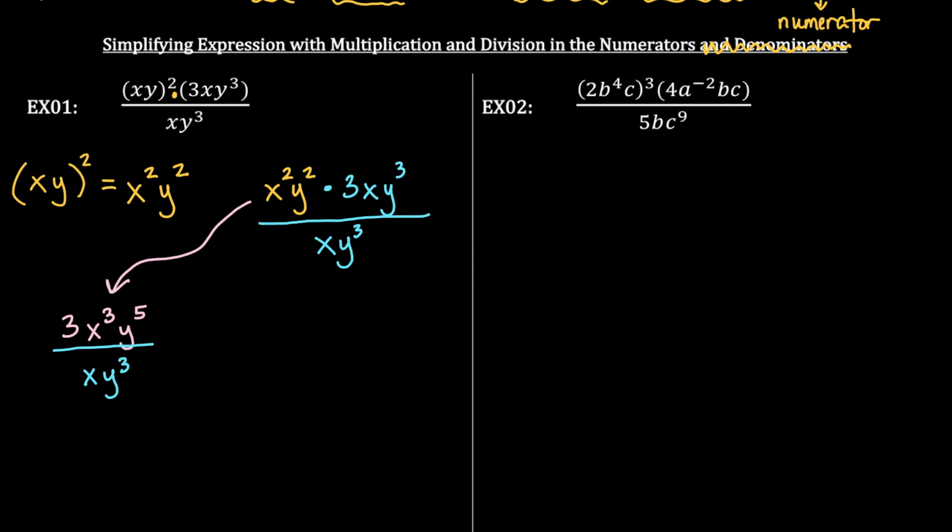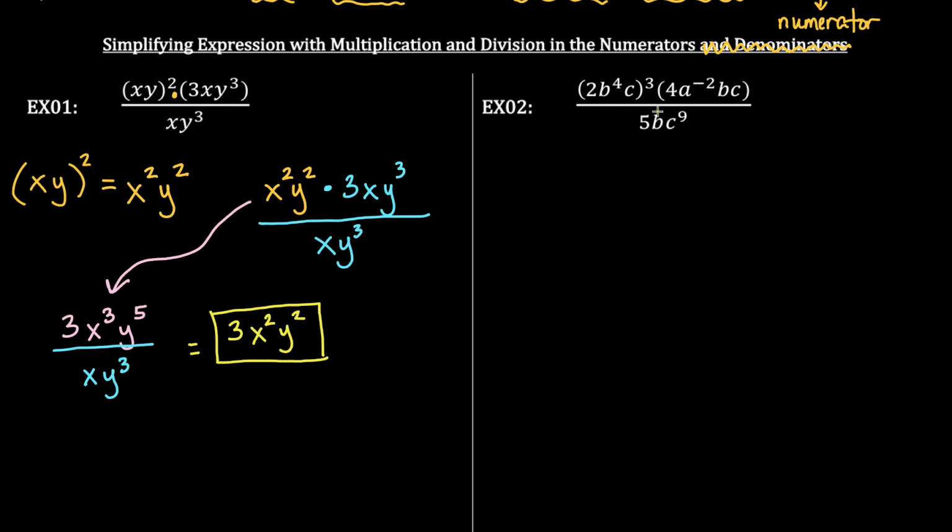And then 3 over 1 is 3. There's 3 x's multiplied on top, 1 on bottom. That means there's 2 left over on the top. There's 5 y's on top, and we multiply, there's 3 y's on the bottom. That means there's 2 left over on the top. And there's nothing on the bottom. Most of y'all will write that little division, that fraction bar, and then just make it a box.